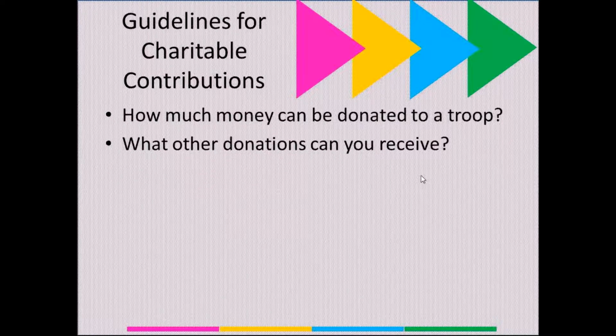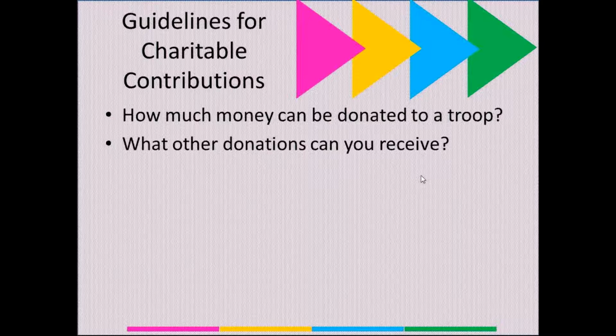Our next topic is charitable contributions. That would be having money donated to your troop. A lot of leaders ask, if an organization or family can donate to them, how much money can they accept? There is a threshold of $250 for cash donations to a troop, and that's because of our tax exempt status with the IRS.